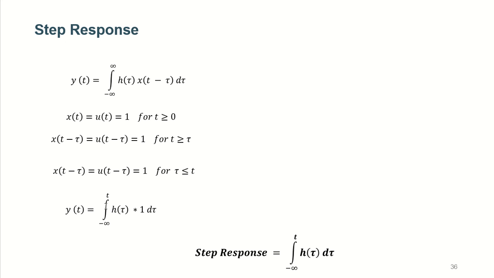So minus infinity to t, h of tau will remain as it is, and instead of x of t minus tau we put 1, into d tau. So the step response is minus infinity to t of h of tau d tau.